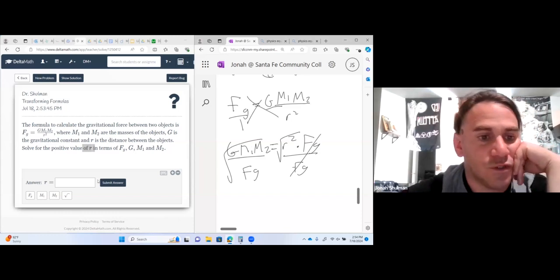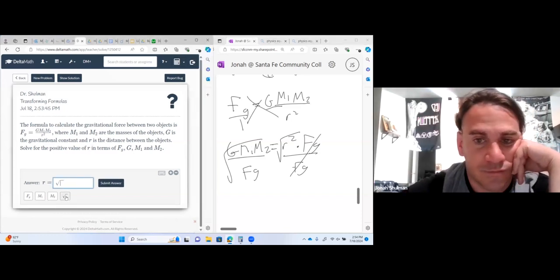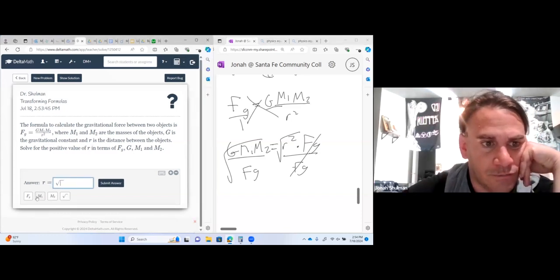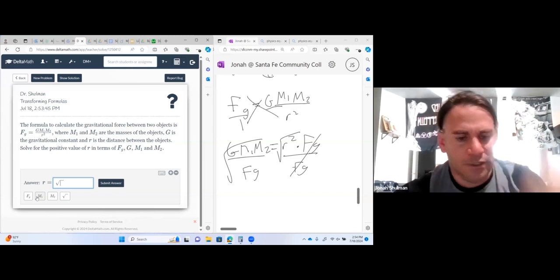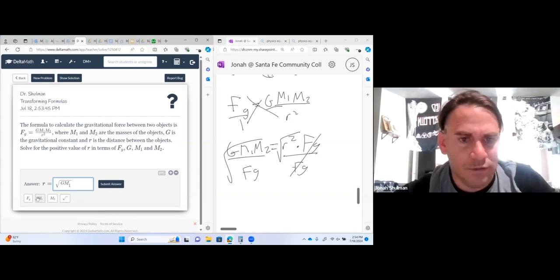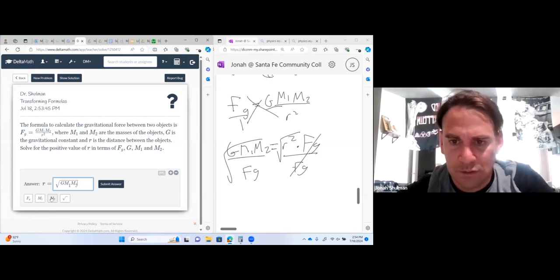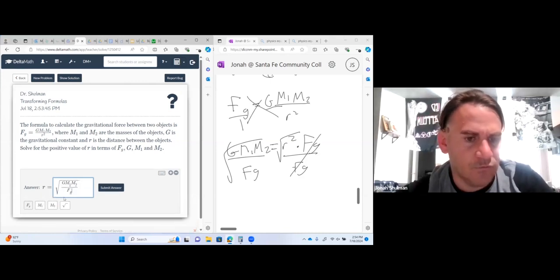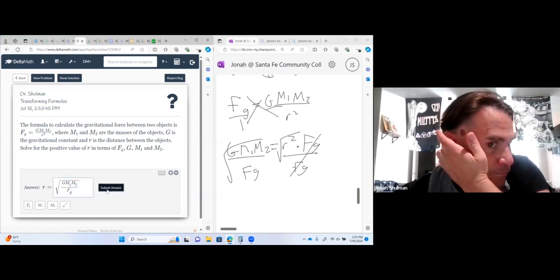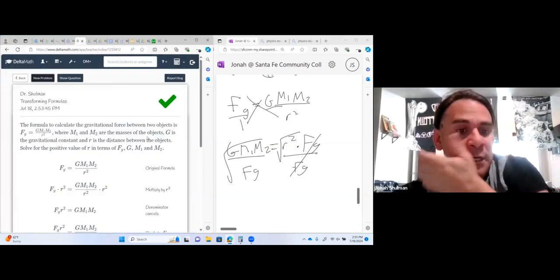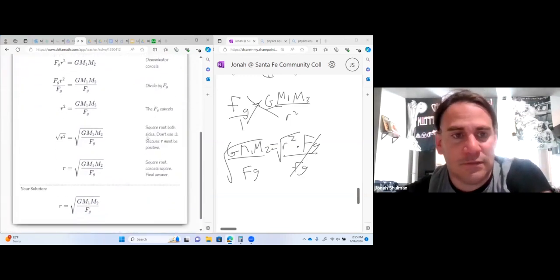So that's your full answer. So your answer is square root, G, m1 times m2, and this whole thing is going to be divided by the force of gravity. Nice. Or the exact same way.